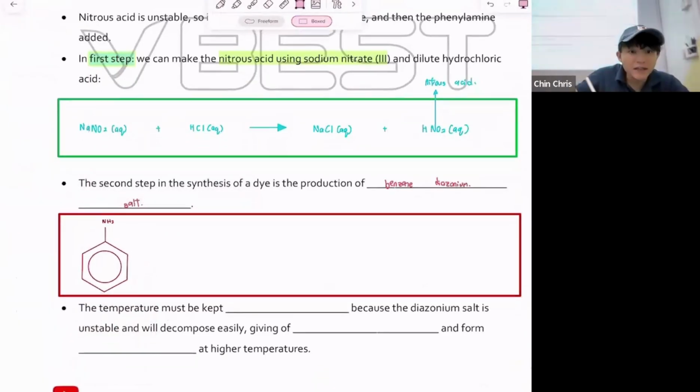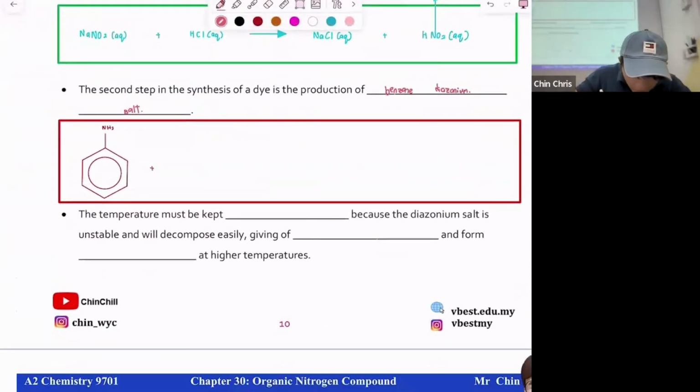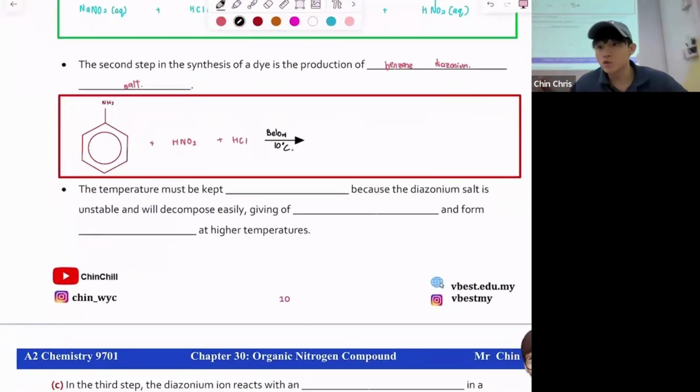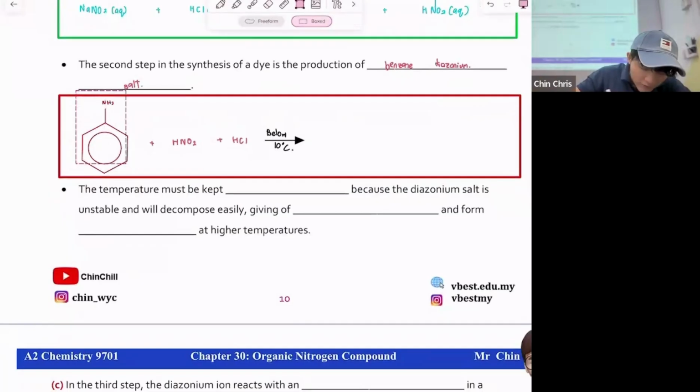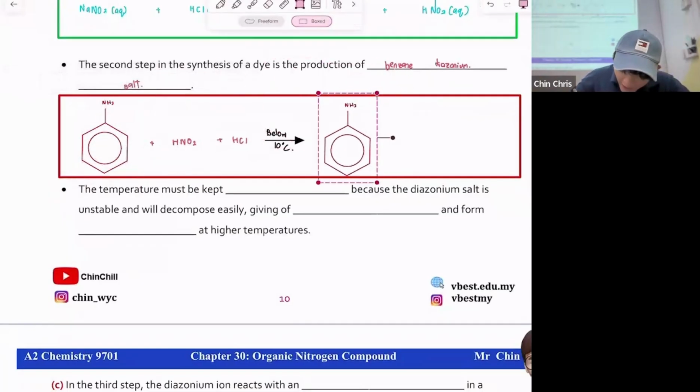I take phenylamine, I add HNO2 and HCl. Remember, you need two acids, nitrous acid and HCl. And this must be below 10 degrees. Remember, it must be below 10 degrees. Usually you do it around 5 degrees. And eventually, this will turn into a diazonium salt.